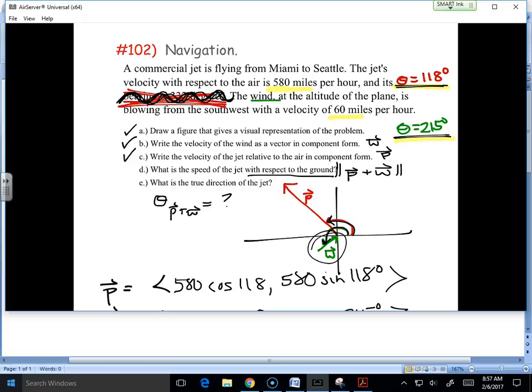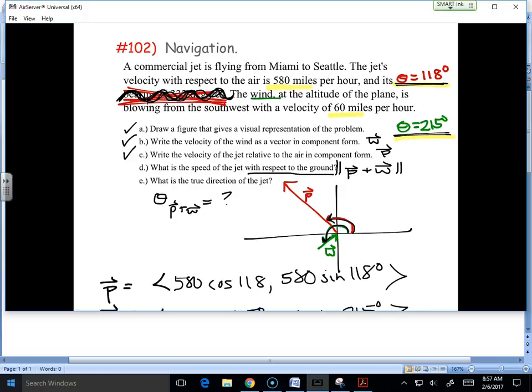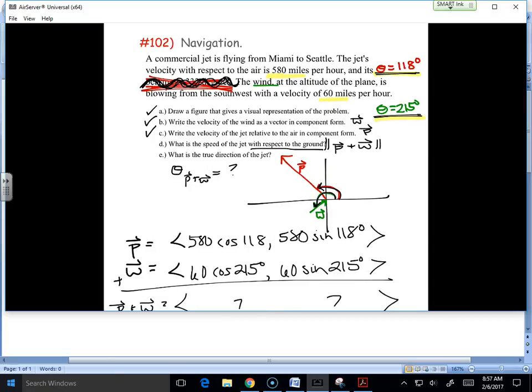But then coming back, what was I doing down below, kiddos, when I started writing P equals for plane and W equals for wind? What kind of form was I putting them into? Component form. Good. Where on earth did I get these formulas? Why was I using cosines and sines?